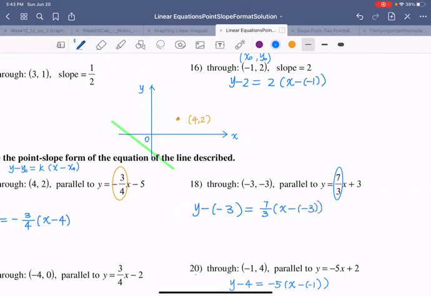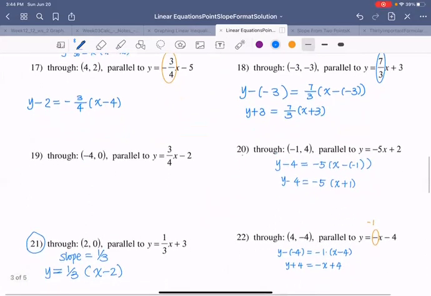Okay, let's write one more step. y plus 3 equals 7/3 times x plus 3. Okay, thank you.